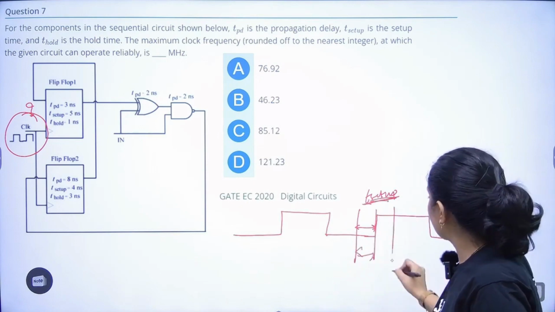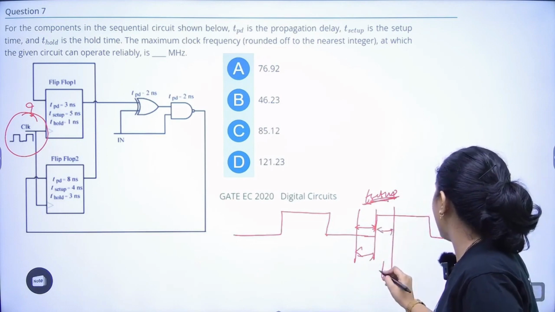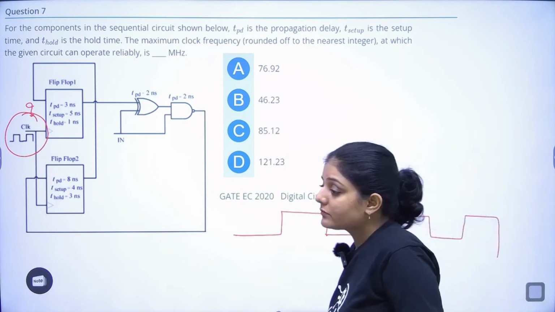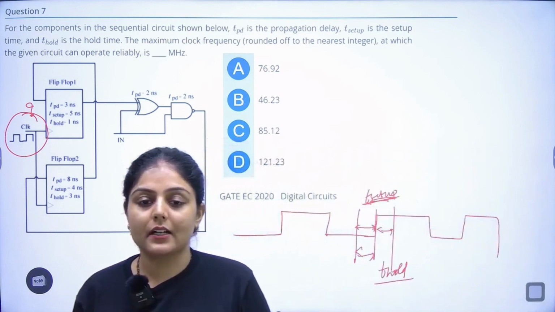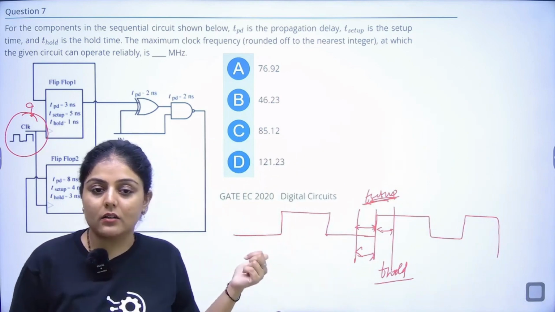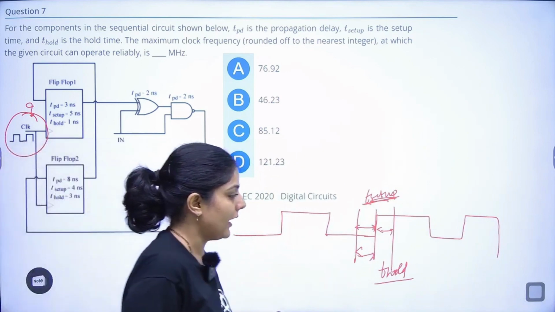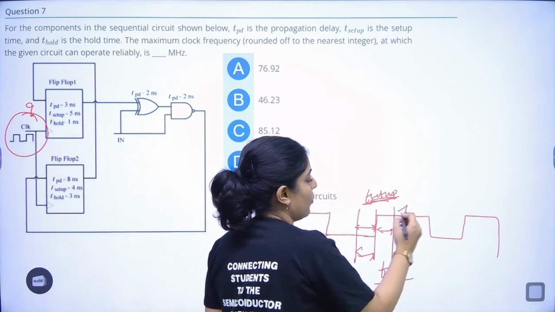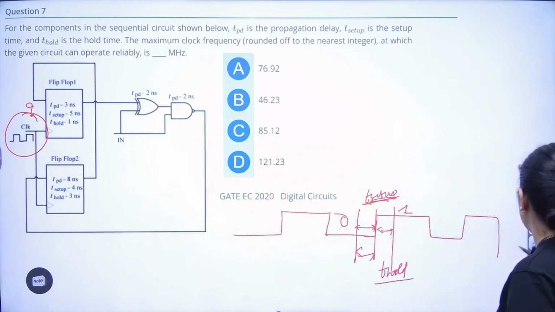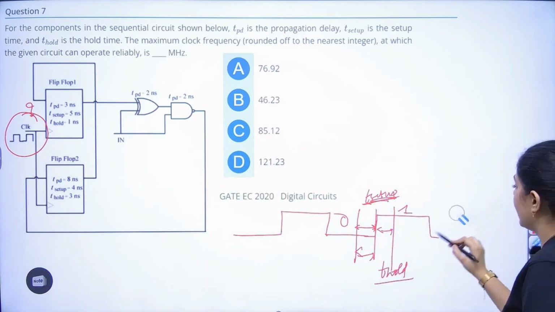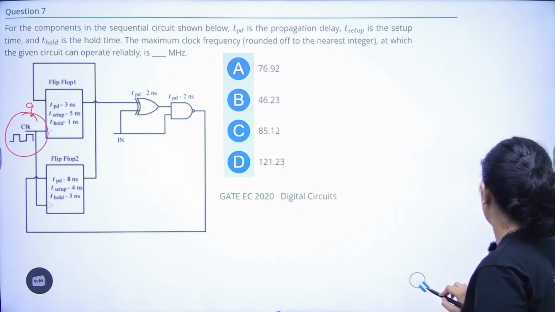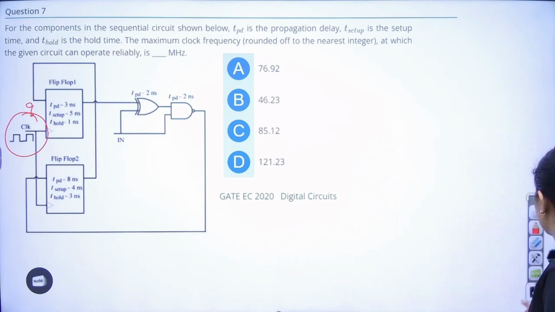And hold time is a similar thing when it is active high. This is hold: the time needed to stabilize the output when the clock is active high, when the clock is 1. Setup time we calculate when the clock is 0. Basically these are nothing but delays in order to stabilize the output.